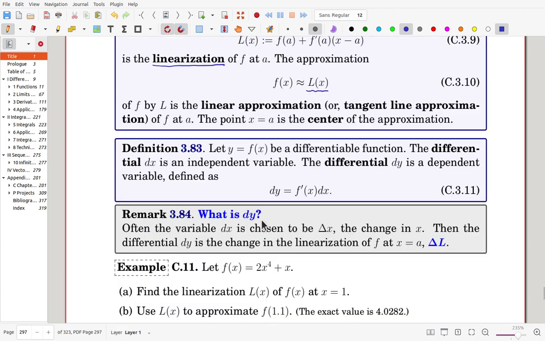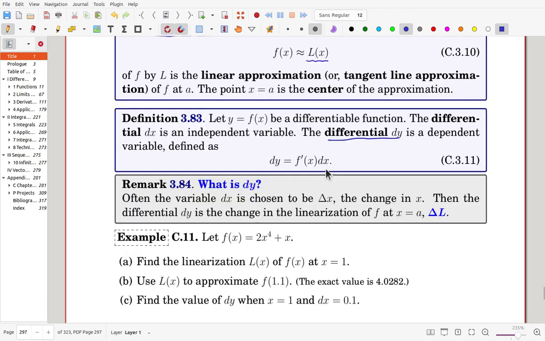And also the differential is defined in this way. dx is the independent variable, and dy, the dependent variable, the differential, is defined in this way: dy is f prime at x times dx.